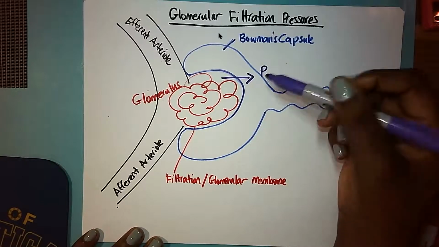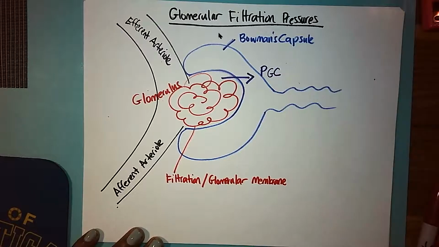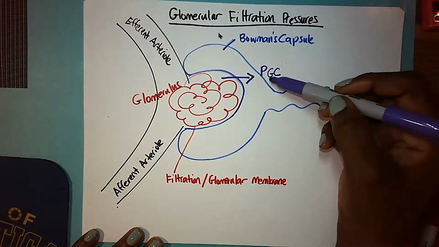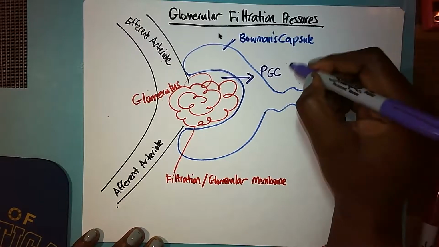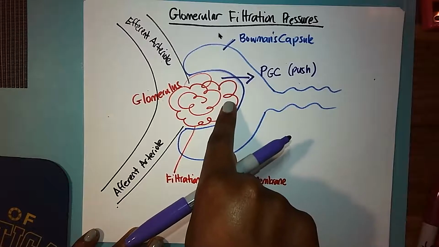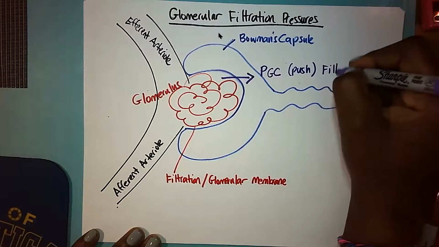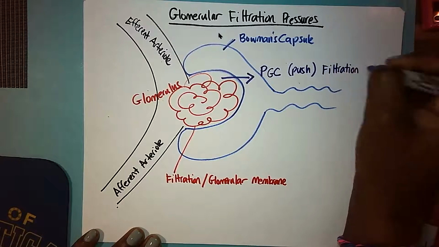And we're going to represent hydrostatic with a large P, and then glomerular capillary with GC. So I hope you understand what that means. So glomerular capillary hydrostatic pressure, and this is a push force. And because it's moving from the capillary into the Bowman space, this is favoring filtration.